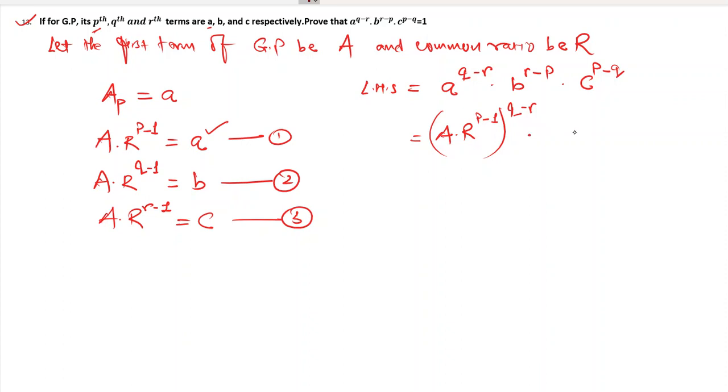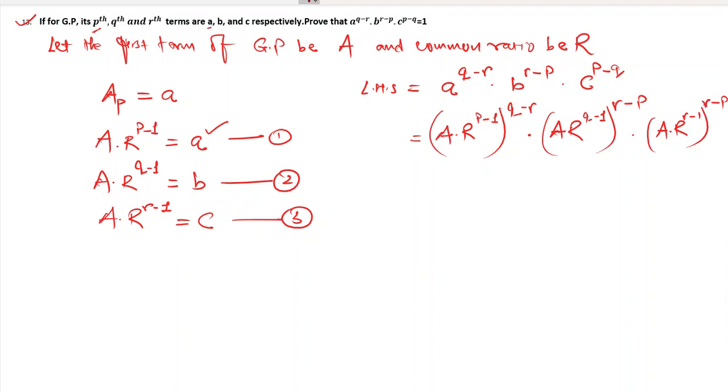Now I will replace b: capital A into R raised to q minus 1, the whole raised to r minus p, multiplied by c: capital A into R raised to r minus 1, the whole raised to p minus q.